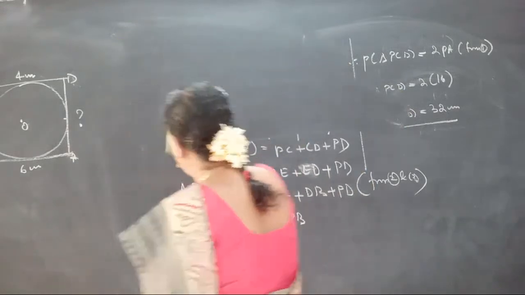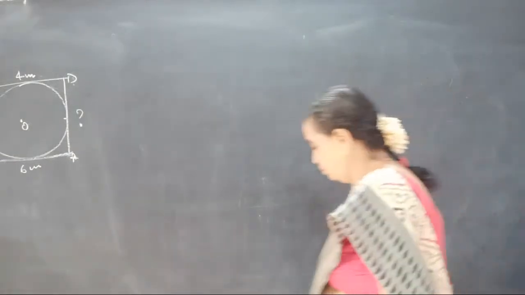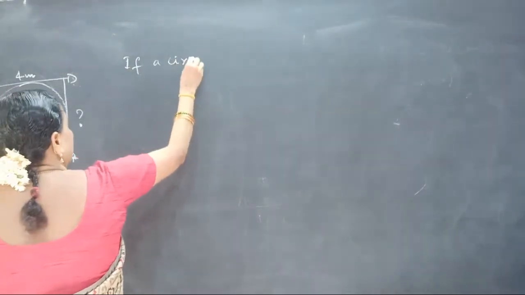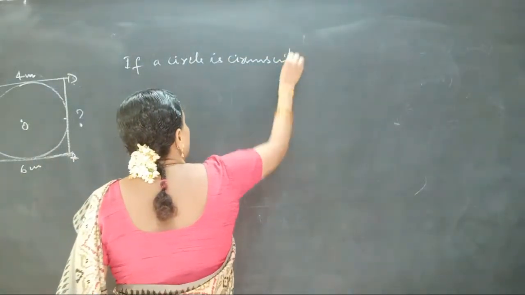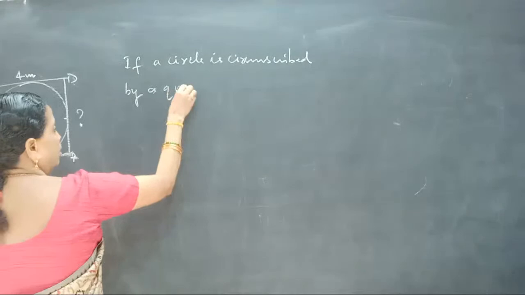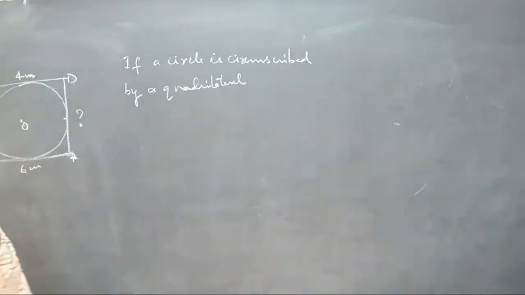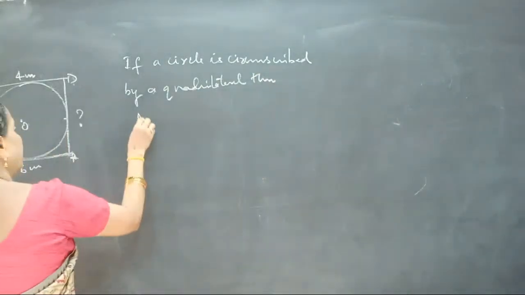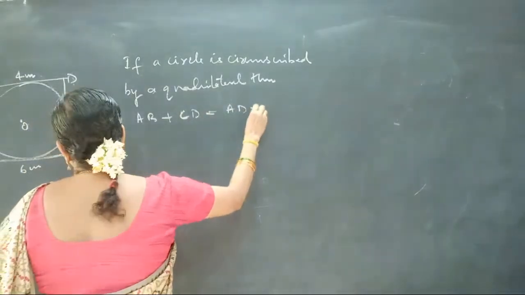That is, if a circle is circumscribed by a quadrilateral, then AB plus CD equals AD plus BC.